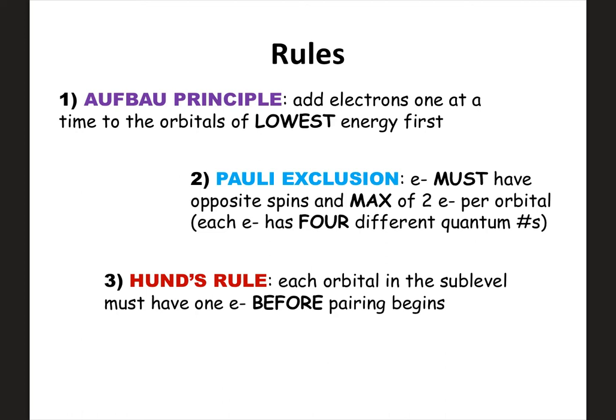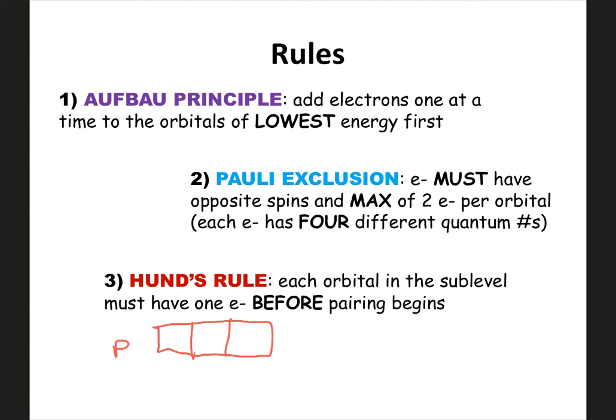A P sublevel has 3 orbitals, if you remember from earlier in the notes, so I draw 3 boxes to represent a P sublevel. Hund's rule says each of these boxes has to have 1 electron before you would ever pair them up.